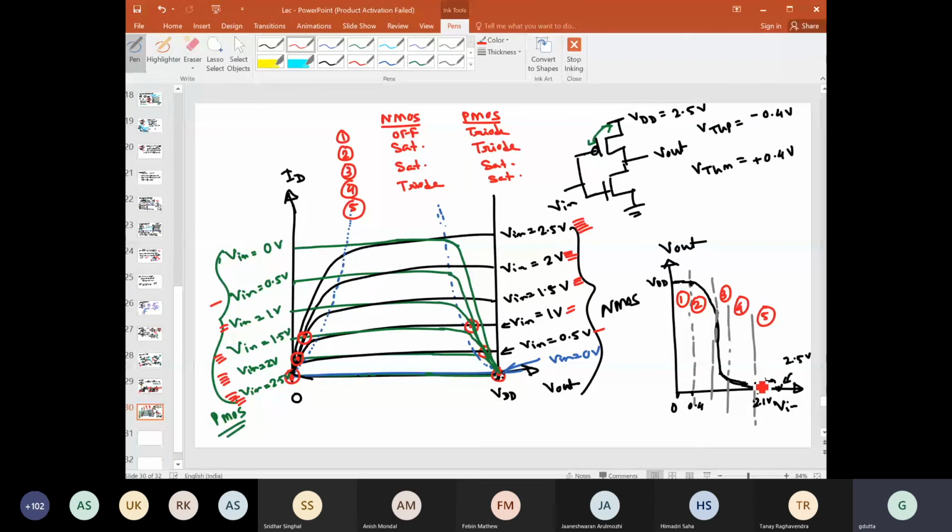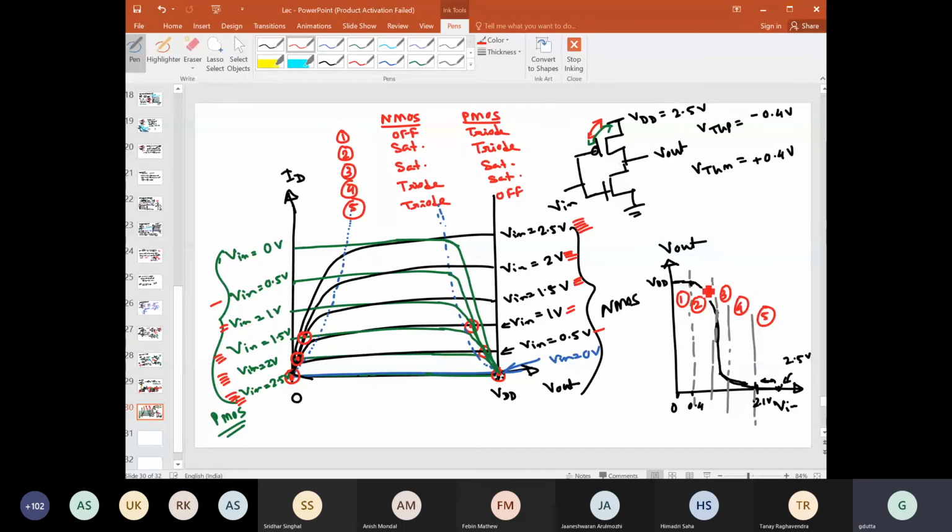In region 5, the NMOS is still in the triode region, but PMOS, as we have gone beyond this 2.1 volt, does not have enough voltage, meaning this voltage becomes less than VTH. So the PMOS becomes off. This is the region of operation. You can see how you are getting the VTC of a CMOS inverter.